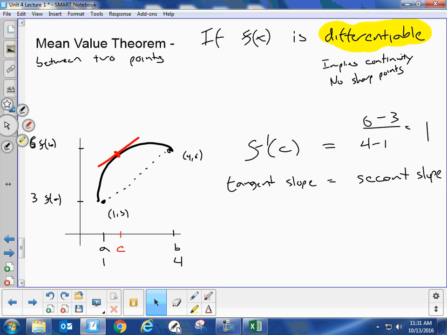You guys connect your 2 points, however way, and find your one or your multiple locations where your tangent slope equals your secant slope.